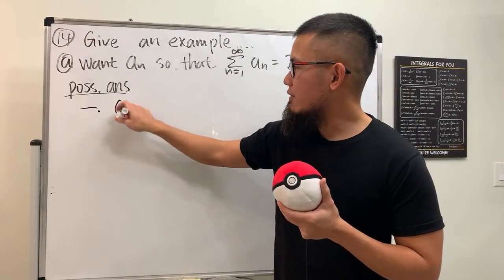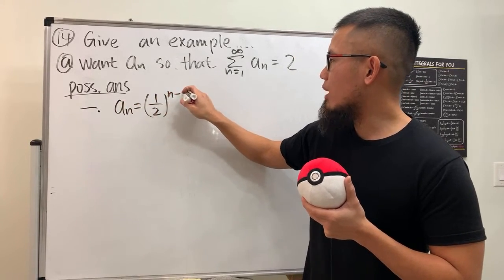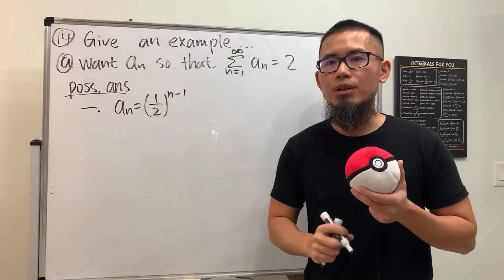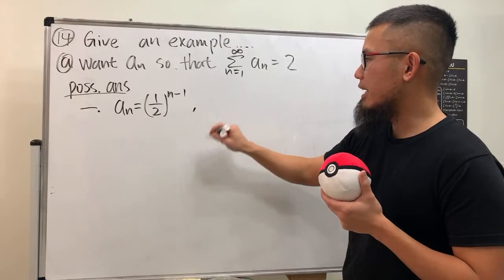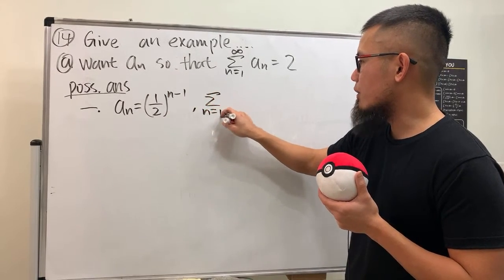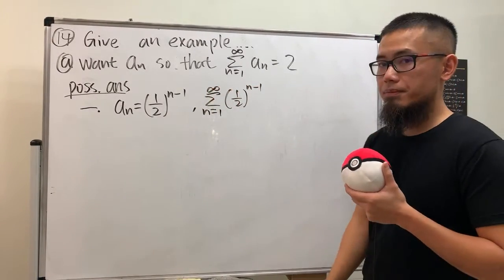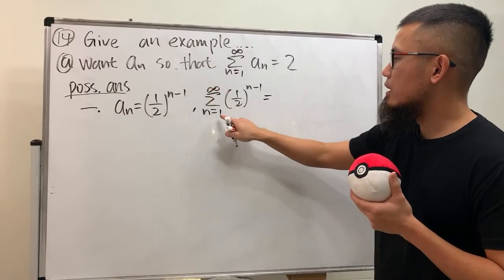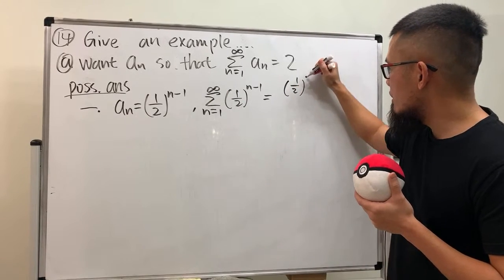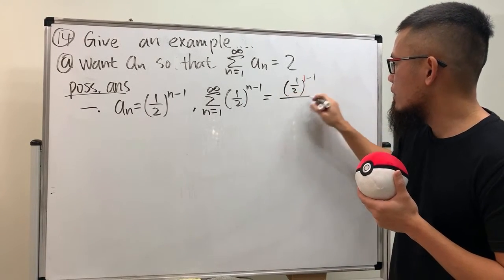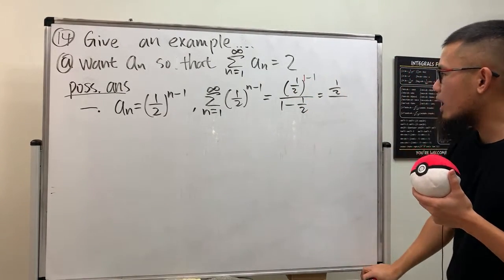The answer that you guys gave was an is equal to 1/2 raised to the n minus 1 power. And in that case, I will totally agree with you guys. So if that's the an, then the series as n goes from 1 to infinity of 1/2 to the n minus 1 power becomes, the first term is going to be 1/2 to the 1 minus 1, which is 0, over 1 minus 1/2, which is 1 over 1, which is 1.